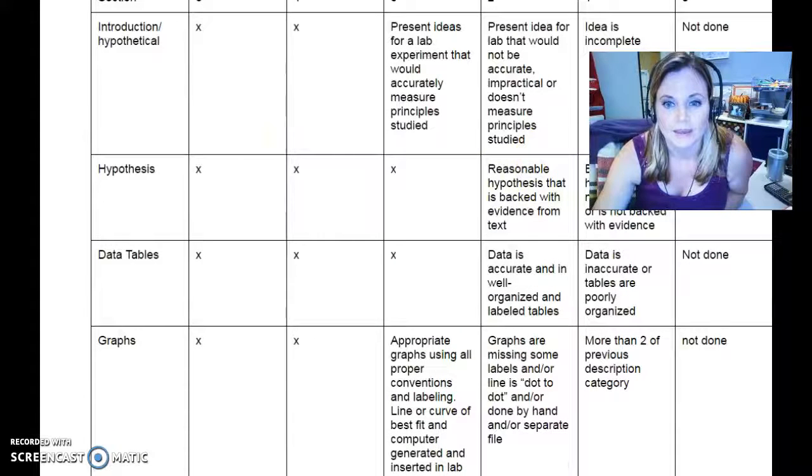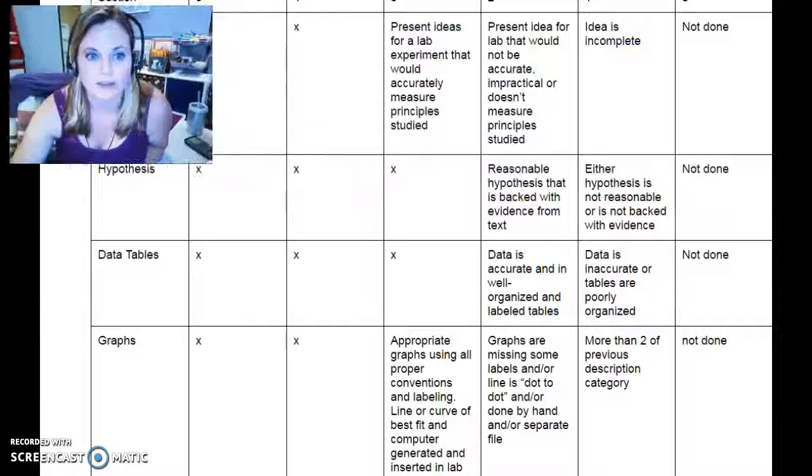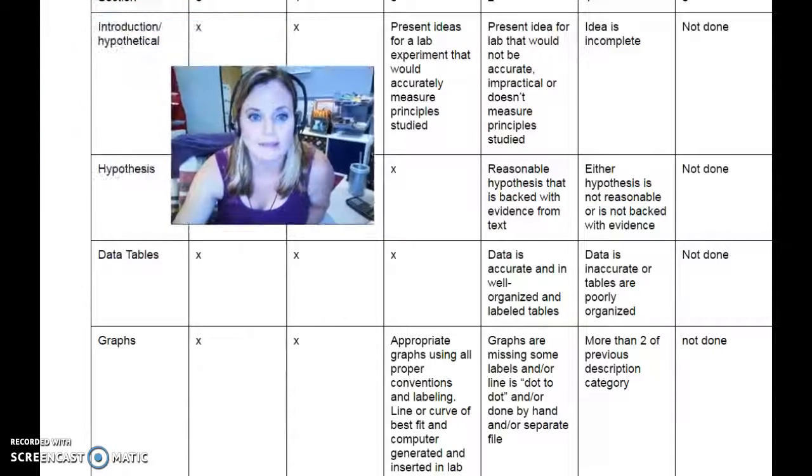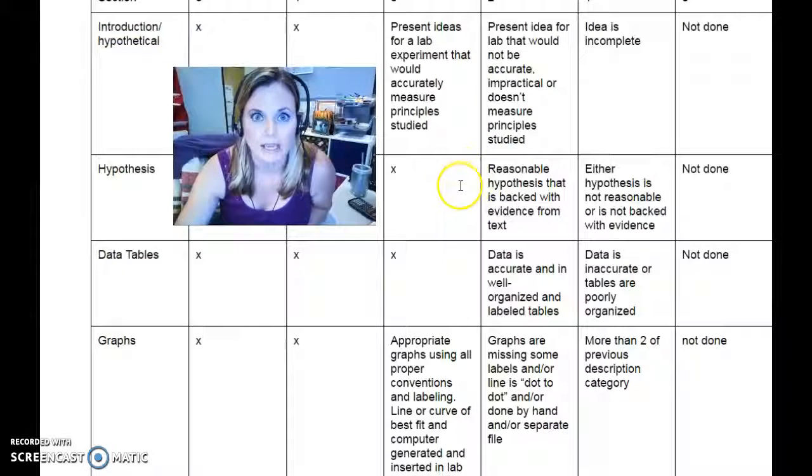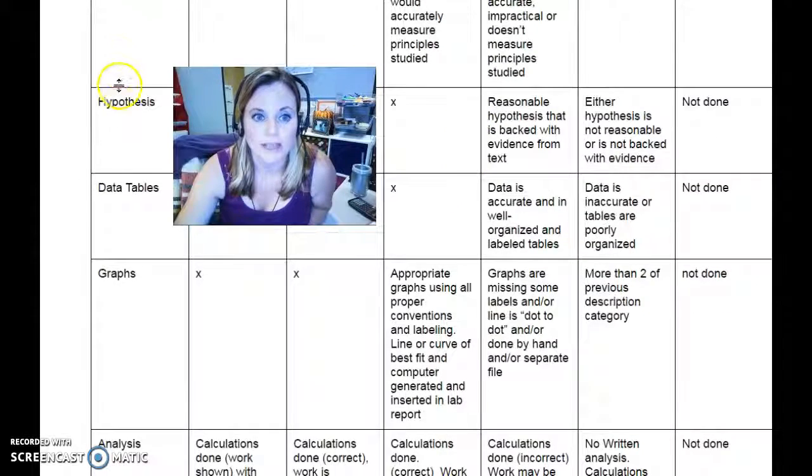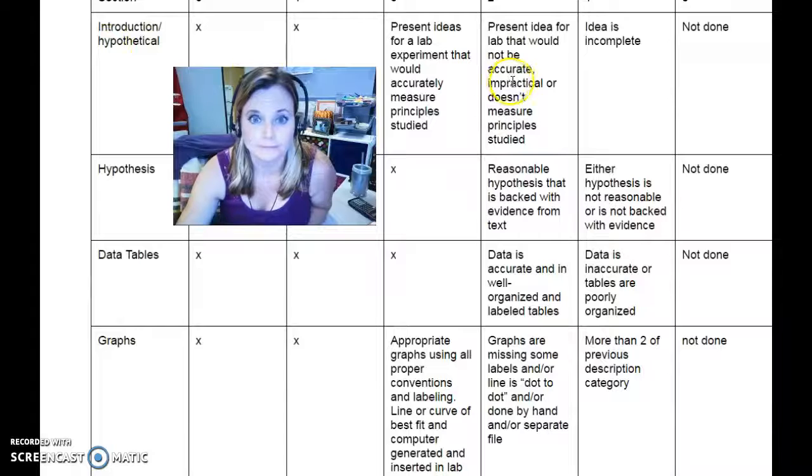Okay. Now, I will say that sometimes there are things that apply less on some reports than others, but for the most part, you will always have a hypothetical. This is where many of you did miss points, because you did not include the hypothetical portion of your lab.